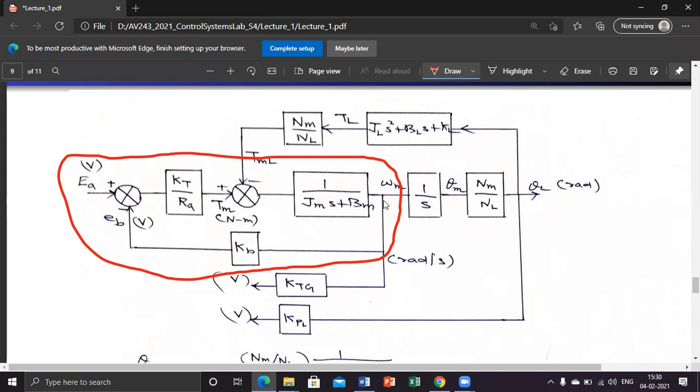Now omega m into KB is the back EMF, which completes the loop. So this gives the total dynamics of a gear coupled electromechanical actuator with voltage applied across the armature as input and theta L as the output. Any doubt?